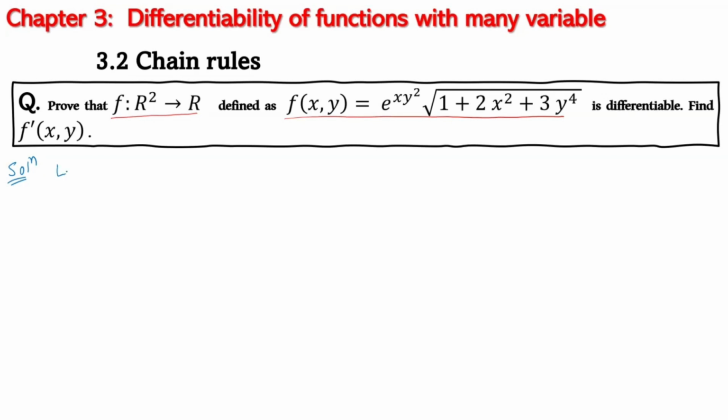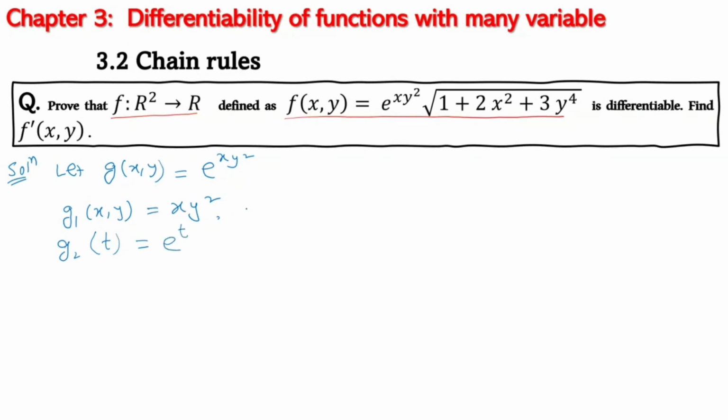Let g(x,y) be equal to e to the power x y square, and then we define g1(x,y) equal to x y square, and g2(t) equal to e to the power t.